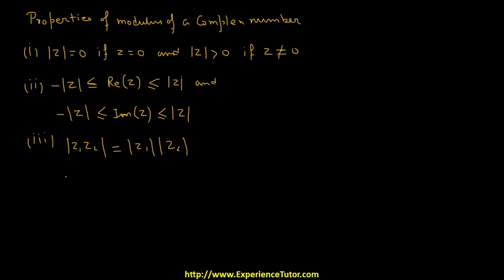The general equation can be: modulus of z1 z2 z3 dot dot dot zn is equal to modulus of z1 into modulus of z2 into modulus of z3 dot dot dot modulus of zn.